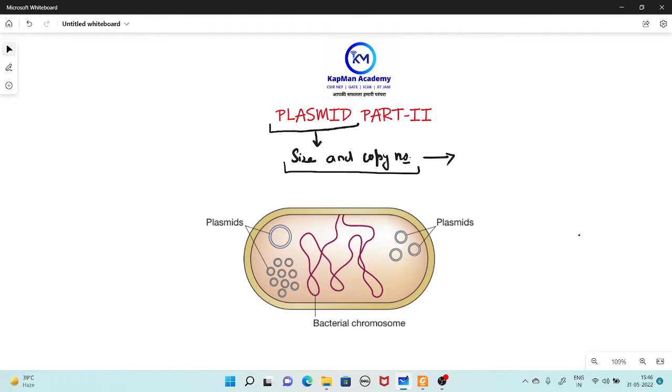Because these are very important in gene cloning, which is done in a variety of labs all over the world, right? So if we talk about the size of the plasmid, it ranges from 1 kb to 250 kilobase pair, right?